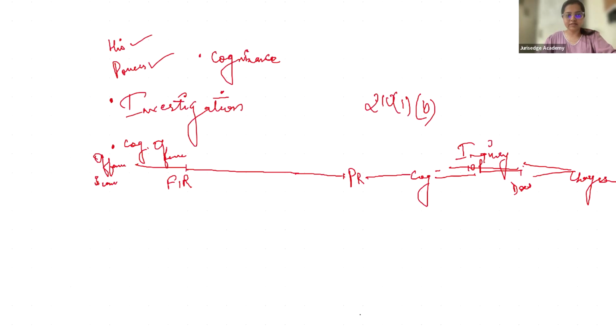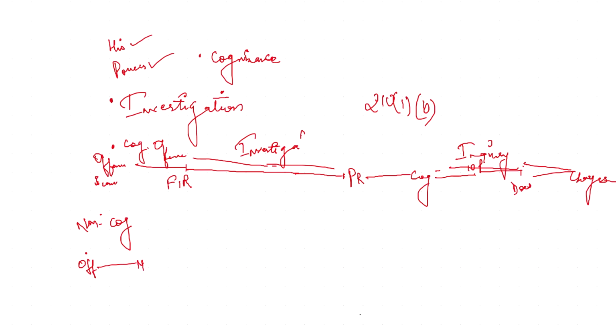Investigation is this. This is the whole investigation in case of a cognizable offense. What happens in a non-cognizable offense? As soon as the offense is committed, a non-cognizable report is filed. So the person runs to the police station. The police record a non-cognizable report.